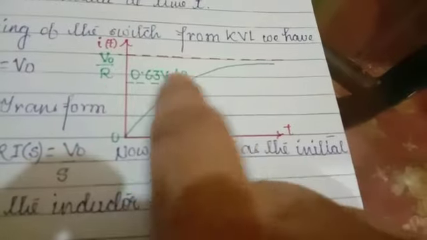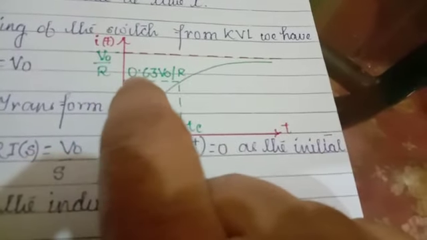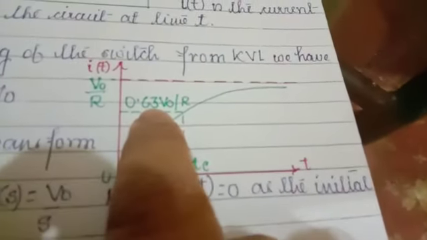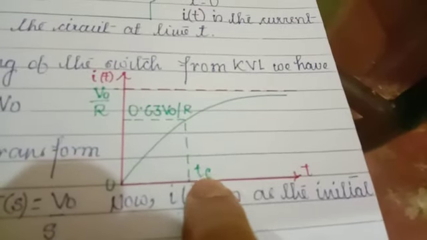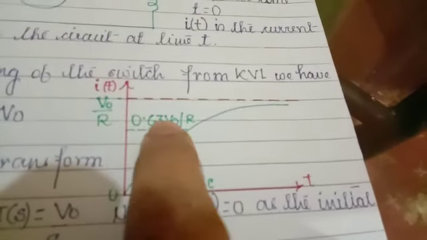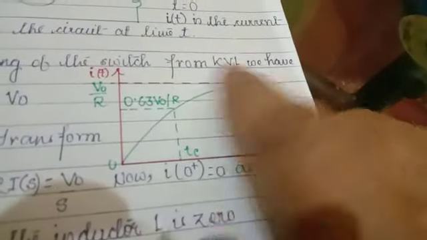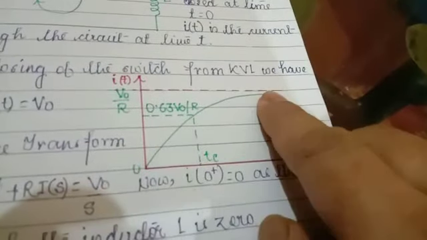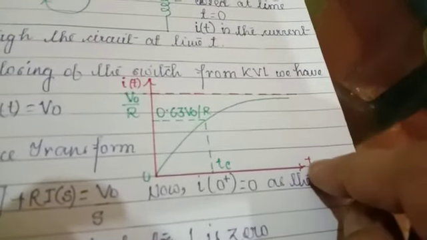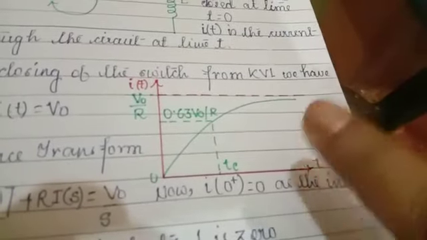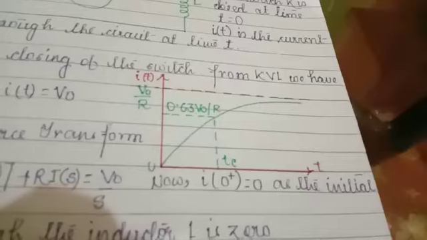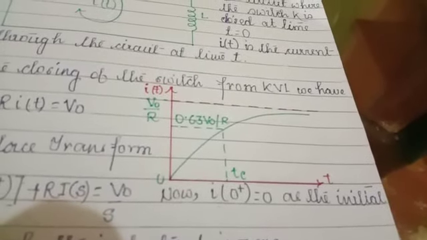At this time, the value of this current will be 0.63 of V0 by R. At time t equals Tc, it is 0.63 into V0 by R. So this is how the response of the current through the RL series circuit looks when it is plotted as a function of time, right? So this is how the series RL circuit is analyzed.